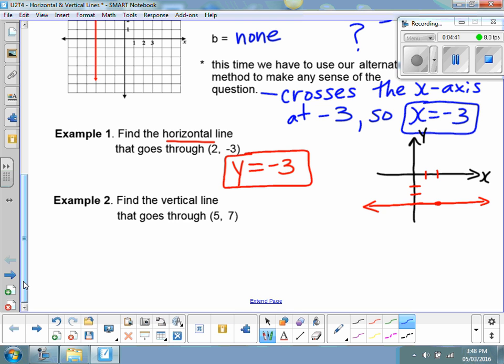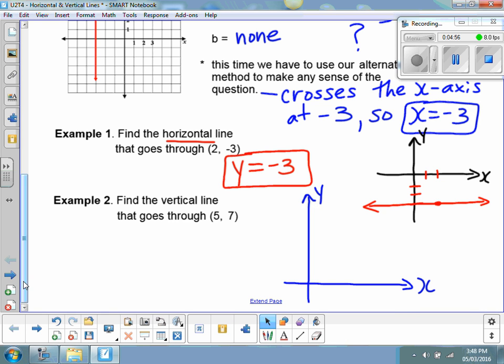And really, my approach for example 2 is going to be the same. I'm going to draw a picture of what the graph looks like. I've got my y and my x, and over 5 and up 7. 1, 2, 3, 4, 5. 1, 2, 3, 4, 5, 6, 7. So I'm at this point here.